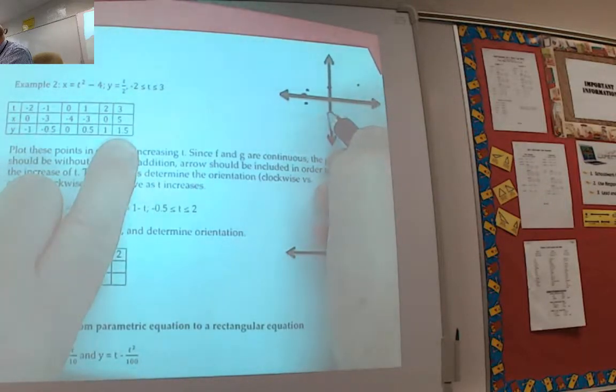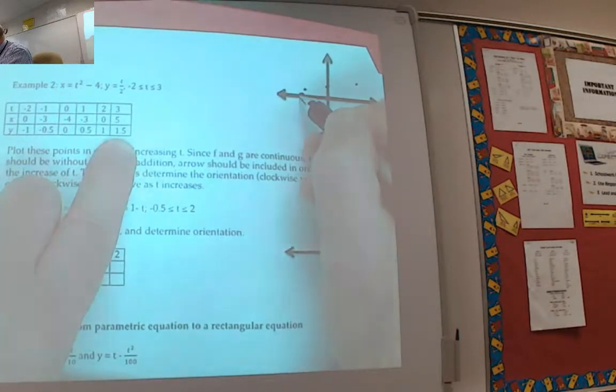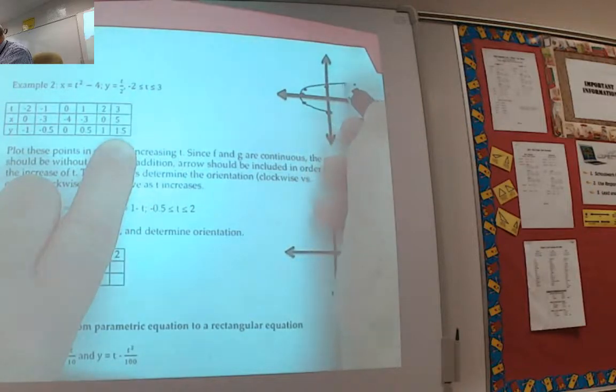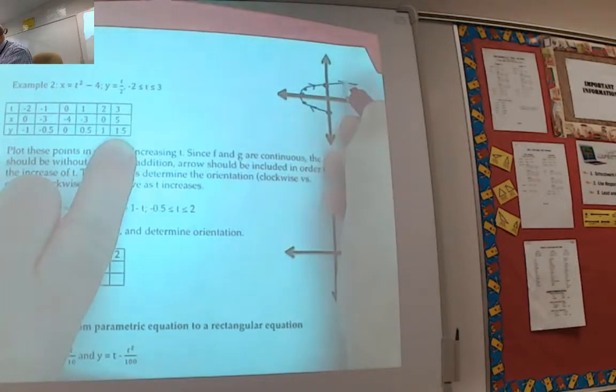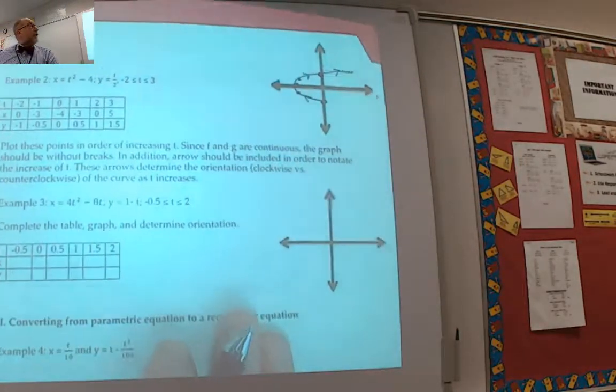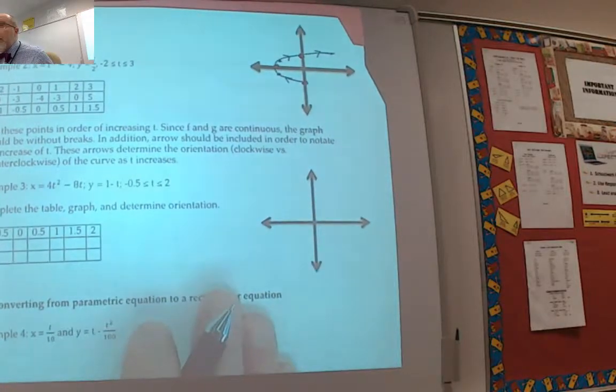So if I were to draw my graph, it would look like that. That would be the path of that object. And if I put these arrows in there, I'm giving it its orientation, so you know where it started, where it ended.